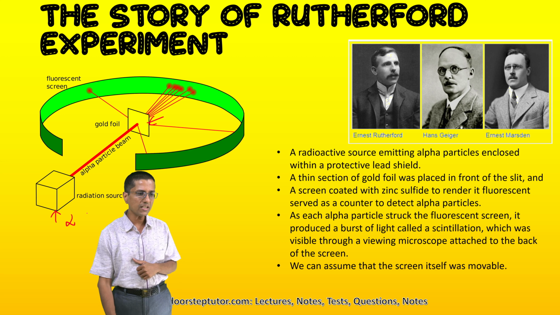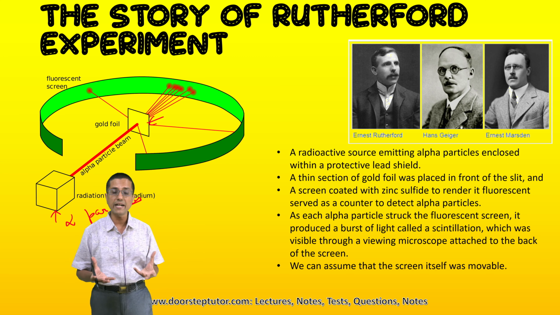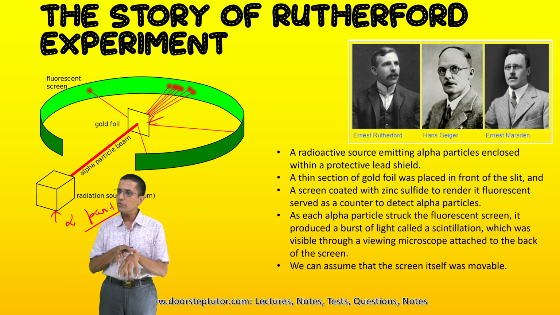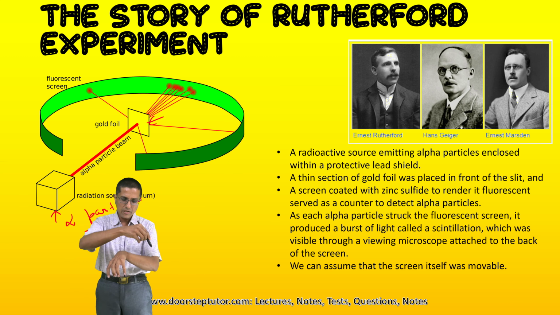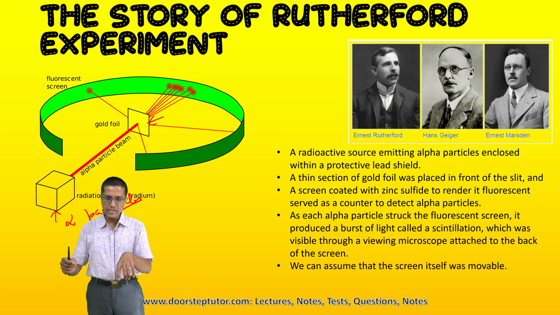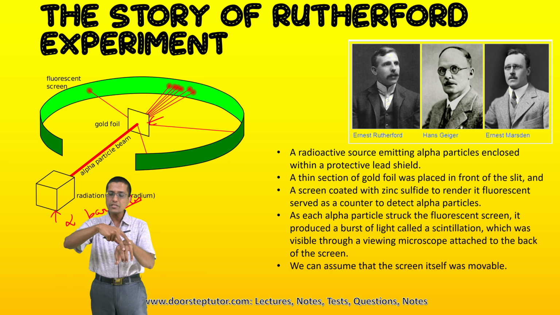So you would now ask me, what are alpha particles? You have seen the helium atom. What is the helium atom? At its nucleus, there are 2 neutrons and 2 protons, and there are 2 electrons rotating around this nucleus. If I remove these 2 electrons, what is left in the center is just the nucleus of the helium atom.